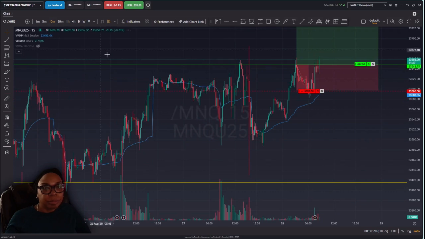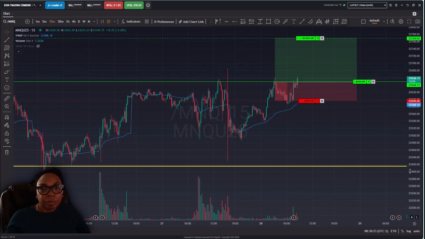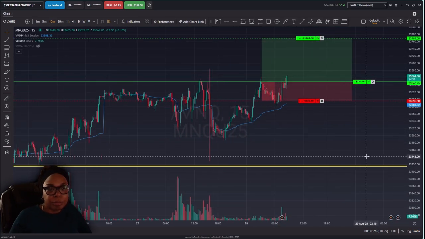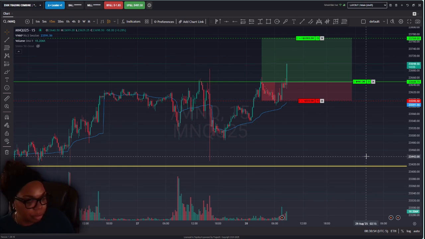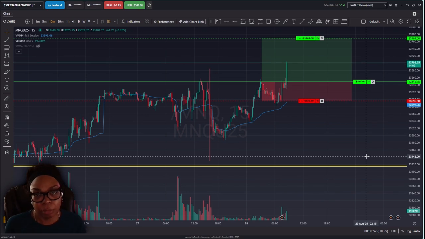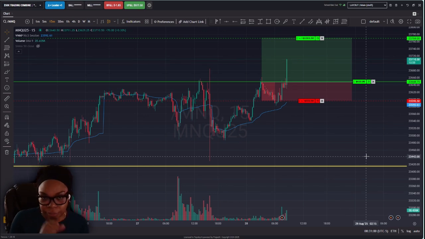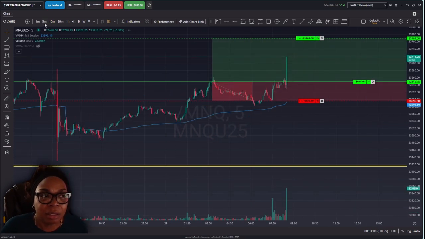So as you see that push down, we're still on the 5 minute at this time, and it is 8:30. The market has opened. We have the volume coming in and pushing the market up. And I am managing the trade, but even when I am in the trade in green, I still will look at my lower time frames to see if there's any signs of it trying to reverse and push back down.